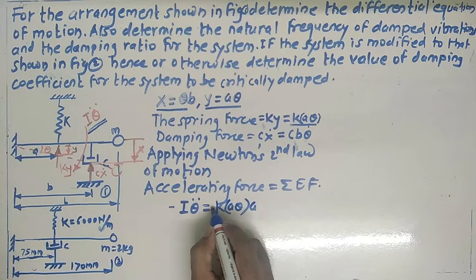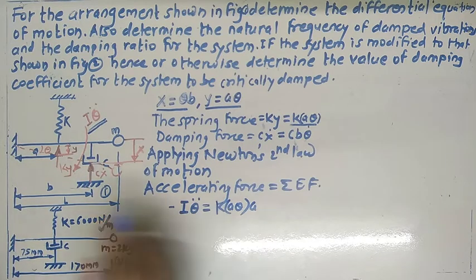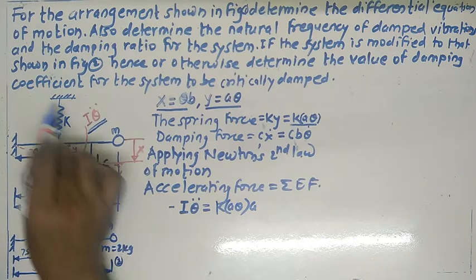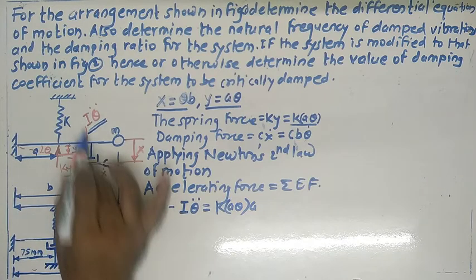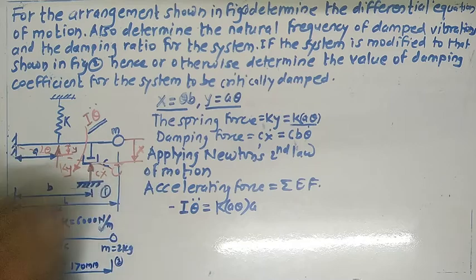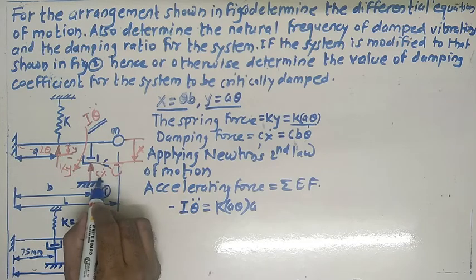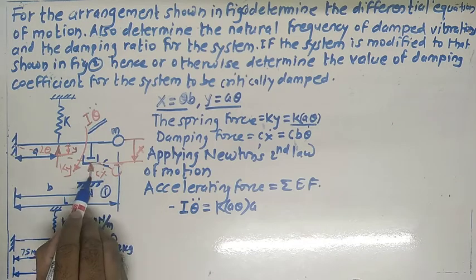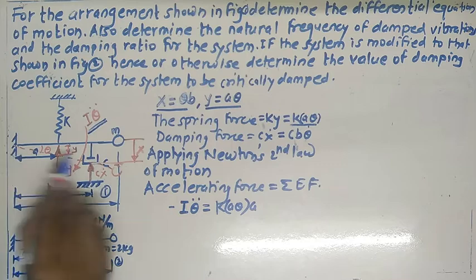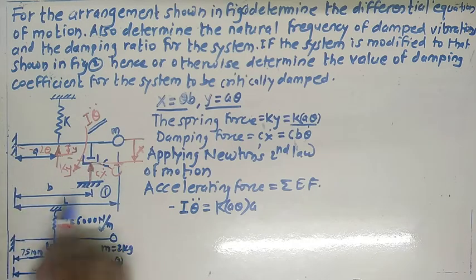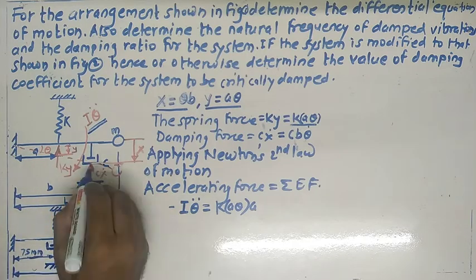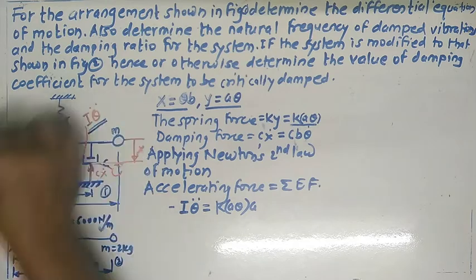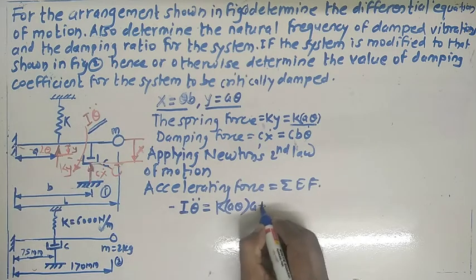Again, you have to take the moment of the damping force about this point. The damping force is c multiplied by x single dot. The perpendicular distance is b, and this force turns about this point in the anti-clockwise direction, so we use the plus sign.